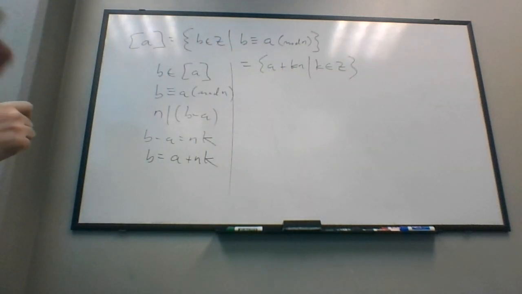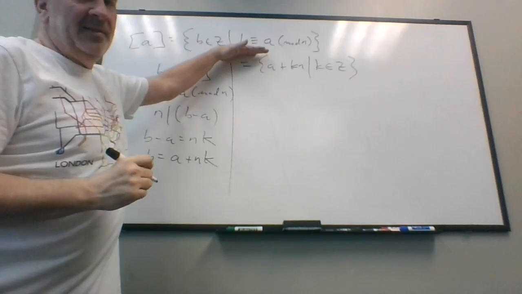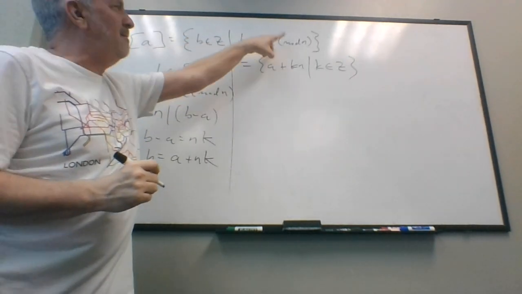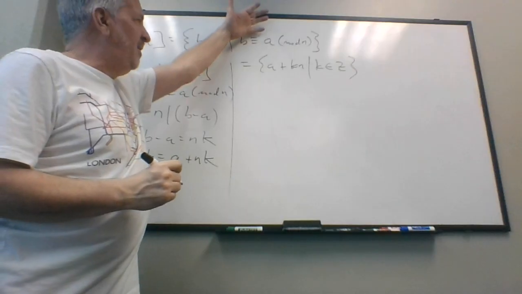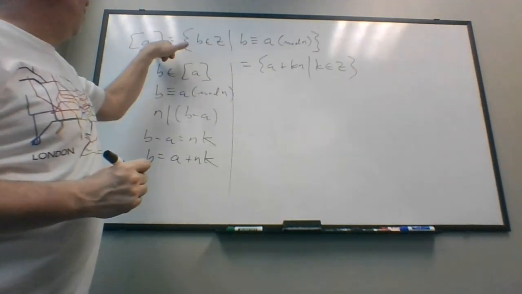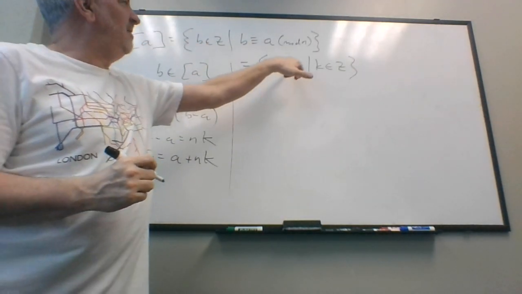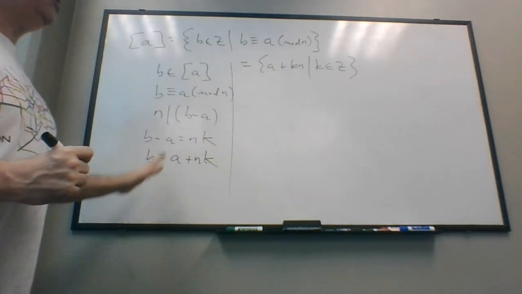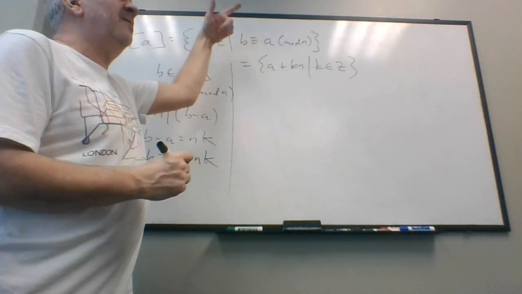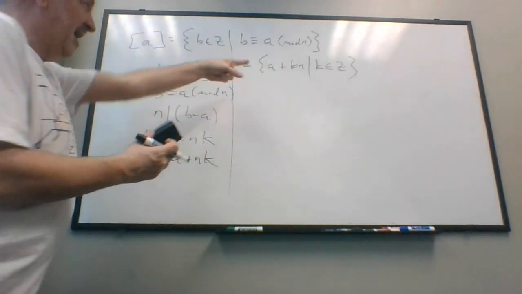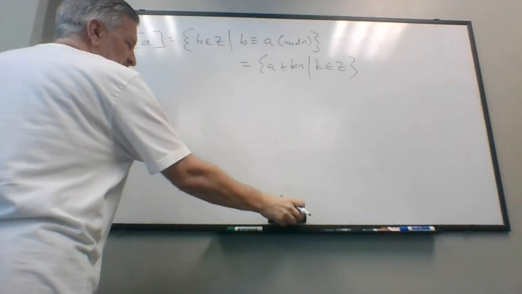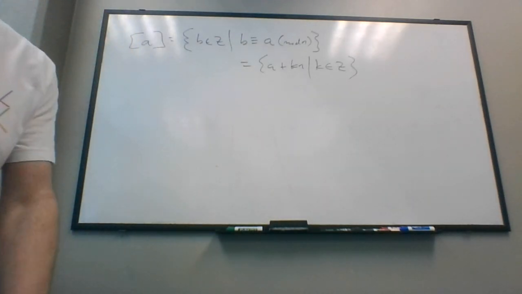Understand that the congruence class of A is all the integers that congruent to A mod N. But what do those turn out to be? It's A plus multiples of N. So this is a much more user-friendly definition, because you don't have to figure out everything that's congruent to A. There's a description that tells you what's congruent to A. So that's the description we want to use, and it's easy to use.